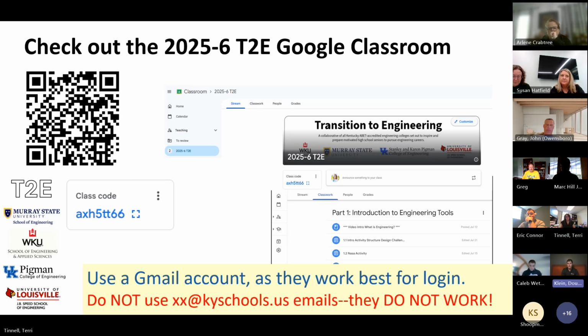I think the big difference between the classroom last year and this year is the WKU logo is on all the slides. Last year we added Louisville and Murray. This year we added WKU. Great to have them involved, and we do want them to have brand recognition.